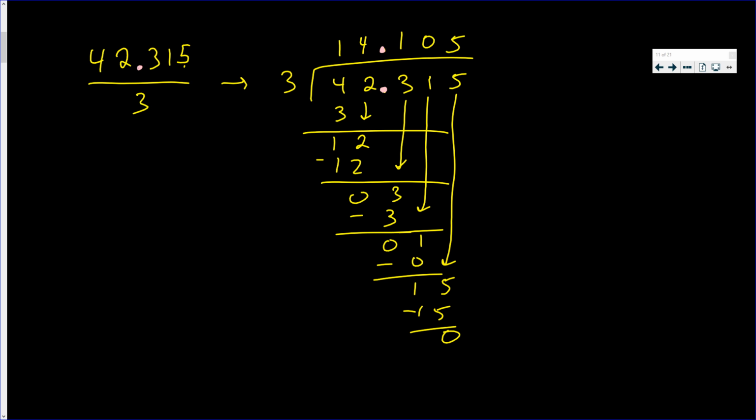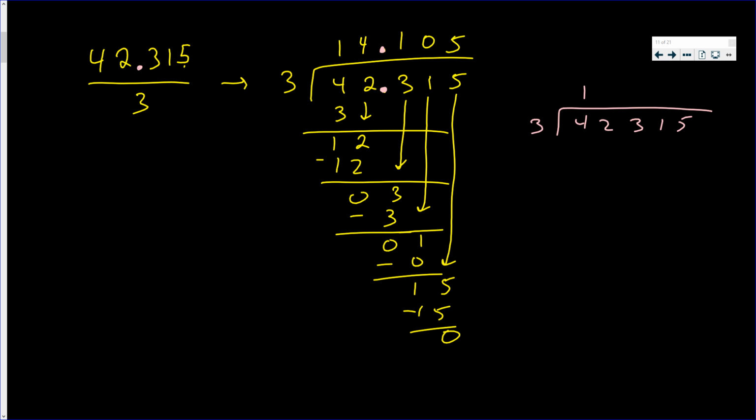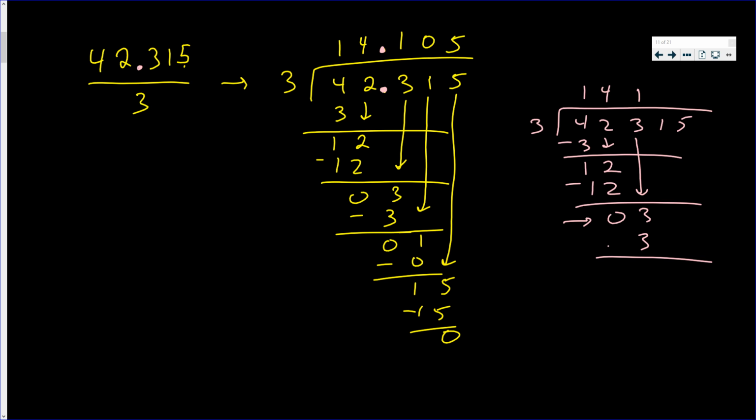Just because I did put the decimal there, I'm going to redo the problem without the decimal. 3 goes into 4 one time, subtract, get 1 left over, bring down the 2, 3 goes into 12 4 times with remainder of 0, bring down the 3, this number is now 3. 3 goes into 3 one time, I subtract, I get 0, I bring down the 1, this number is now 1. 3 does go into 1 0 times with 1 left over.